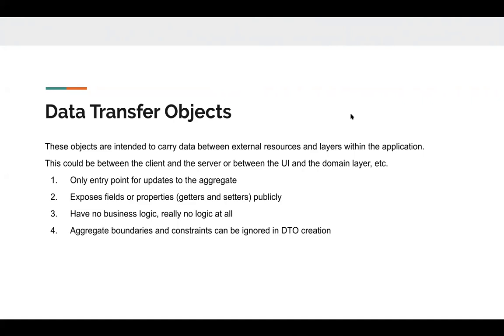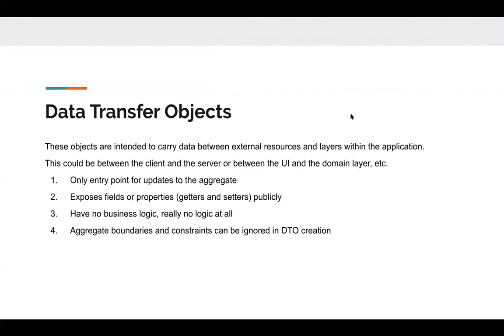Layers consist of a database, even layers within your own application, your own solution, right? Between an application layer and a different layer, okay? Between UI, between RESTful calls, between different services, they are the items that transfer your information. You know, the JSON body or a JSON payload with your RESTful calls.